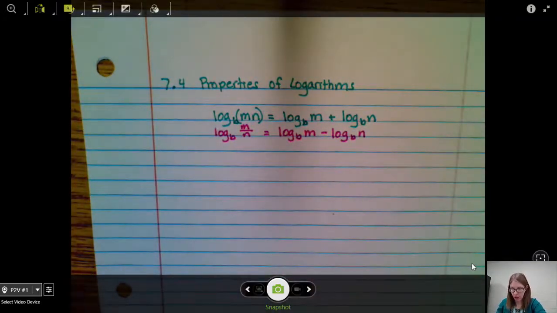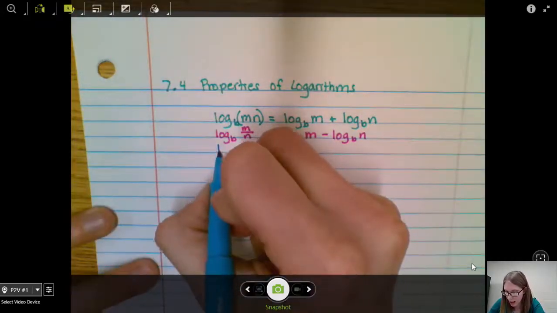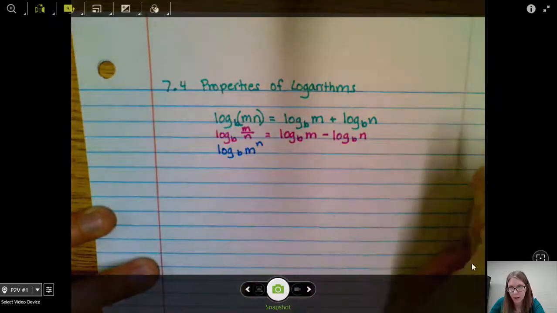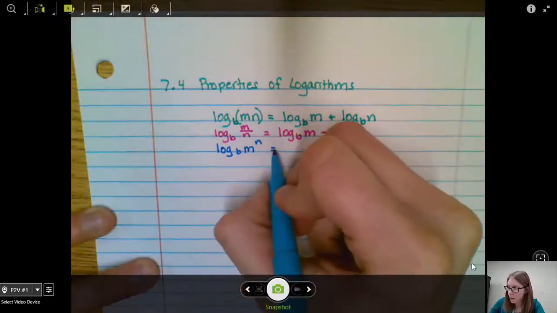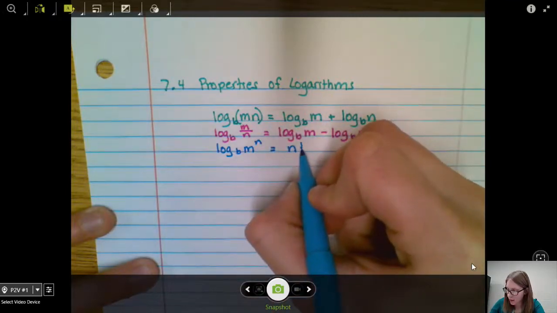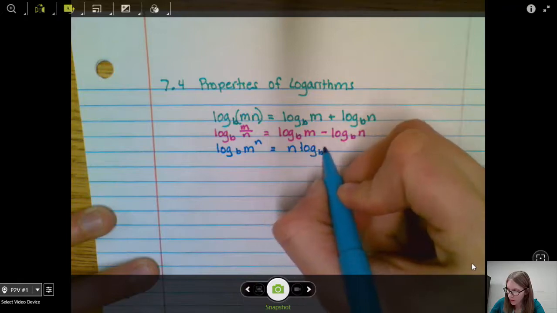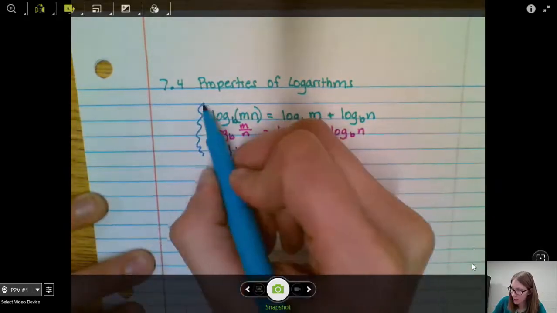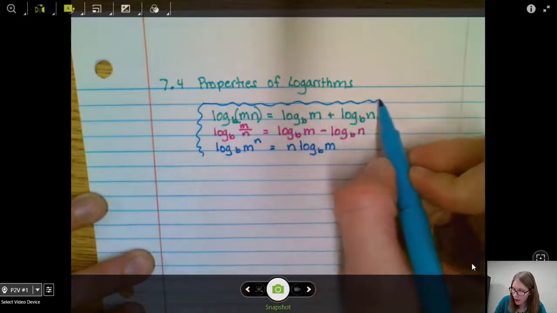And then our third property that we saw with our little investigation is the log base b of m to the n power. We can pull that exponent out front, n times the log base b of m. These are 3 logarithm properties that we are going to apply in our videos.